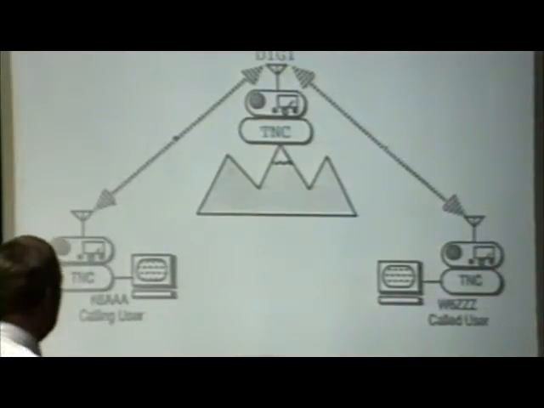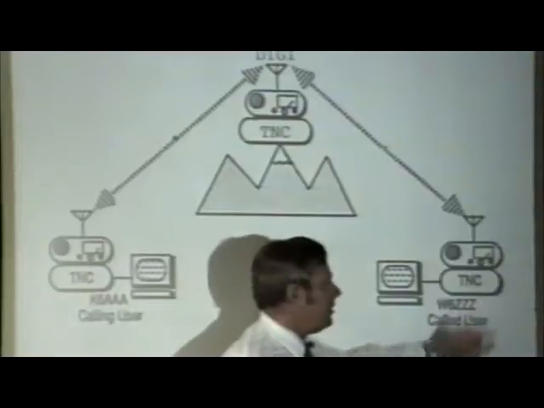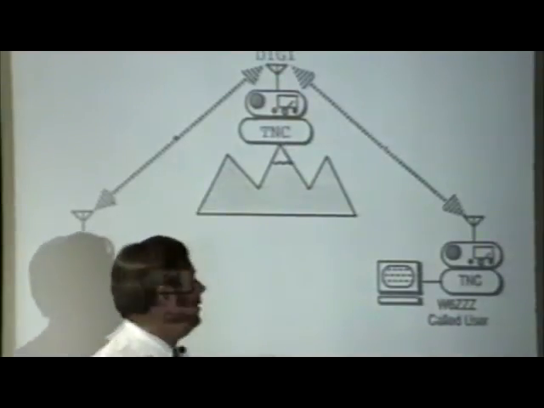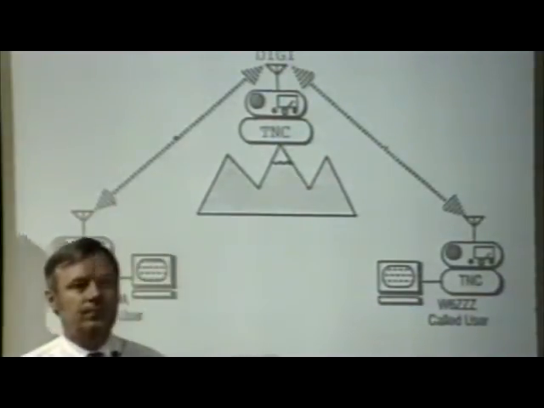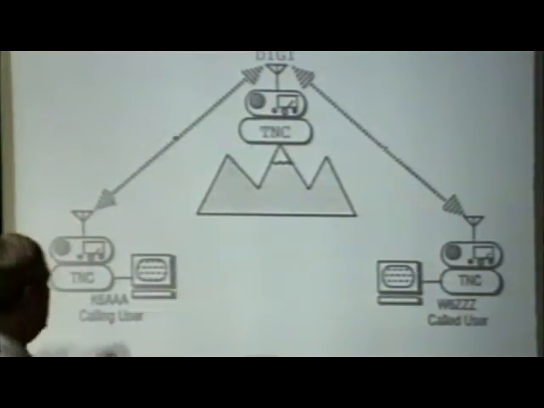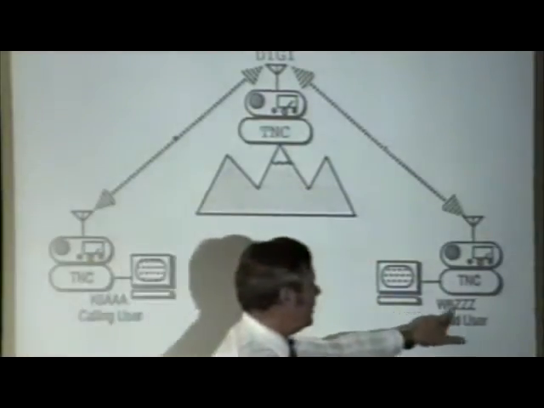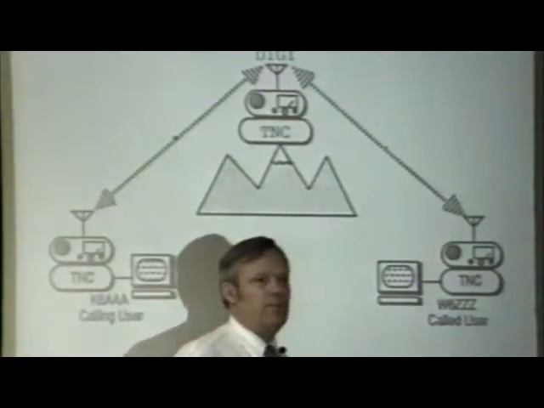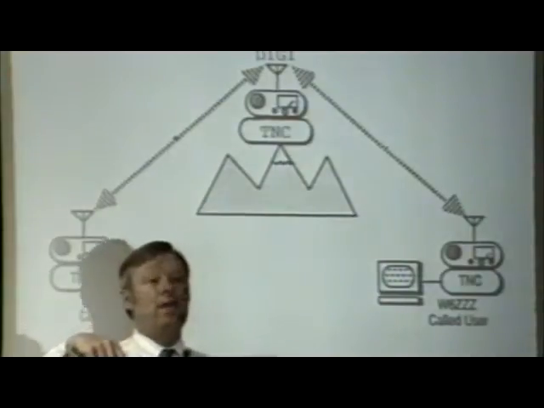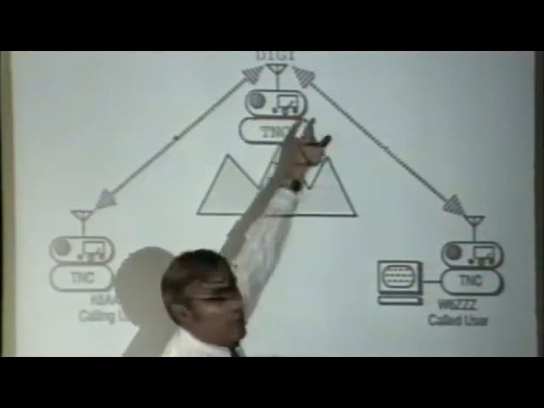So let's say the K6AAA wants to talk to W6ZZZ, but this mountain is in the way. He would type on his TNC connect, or C, W6ZZZ space V for via space N6 NET-1.